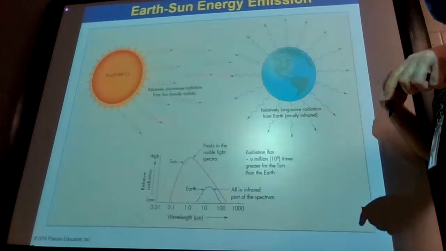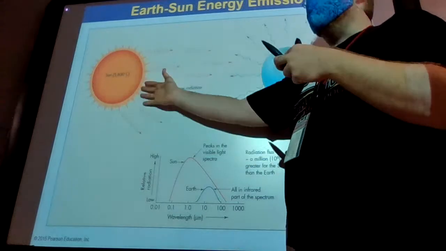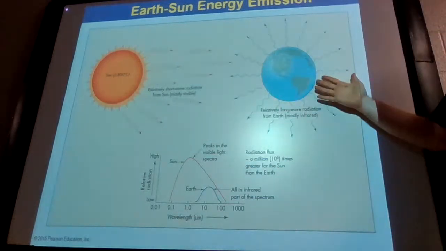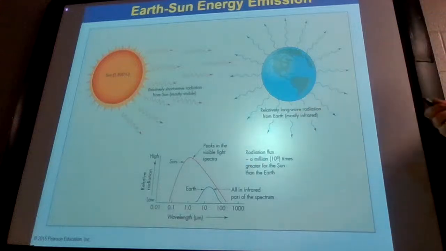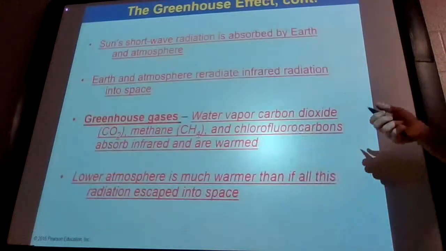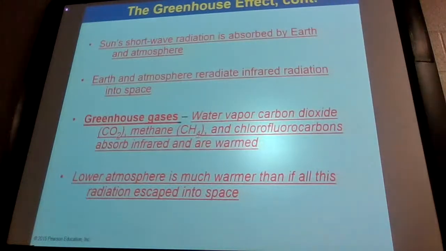But I think the point is looking at the budget and knowing that we get too much heat from the sun to be comfortable, and we require a certain amount of heat to be able to leave. Well, if you start to talk about greenhouse gases, they're the things that are going to keep that heat in.